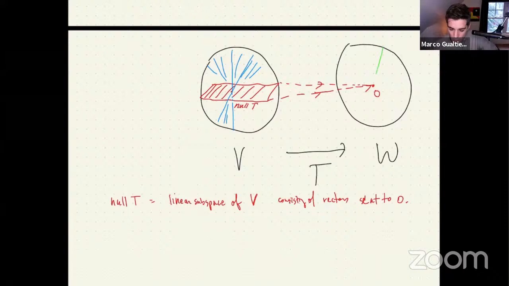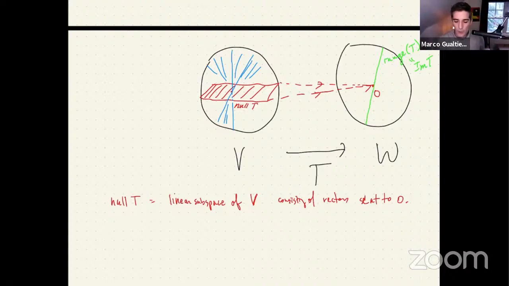Let me draw it here. I'll write this as the range of T, or sometimes called the image of T. So whenever you have a linear map between two vector spaces, automatically you will have the red null space and the green image, or range of T.